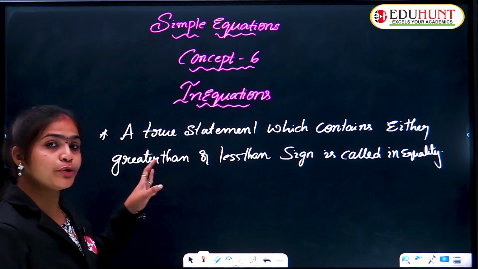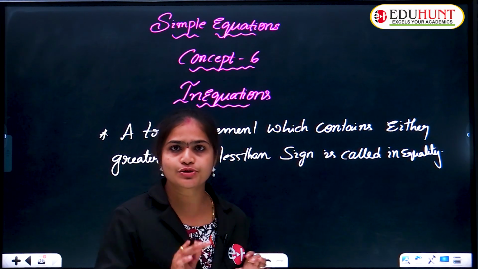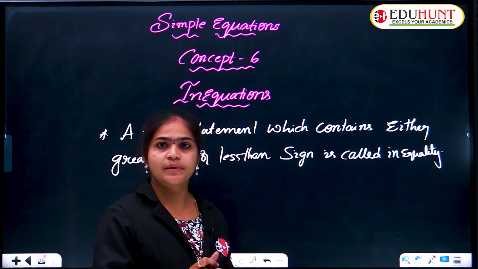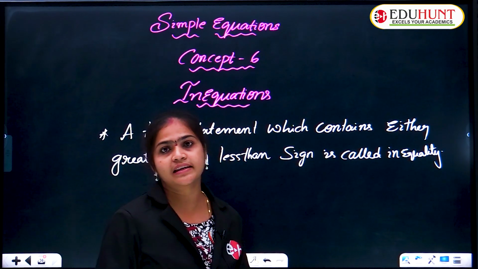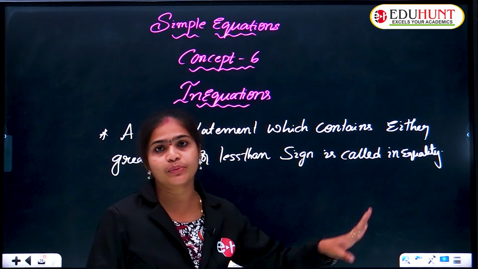Inequality means what? A true statement, that is, the statement was true, which contains a greater than or less than sign, then we can say that it is an inequality.